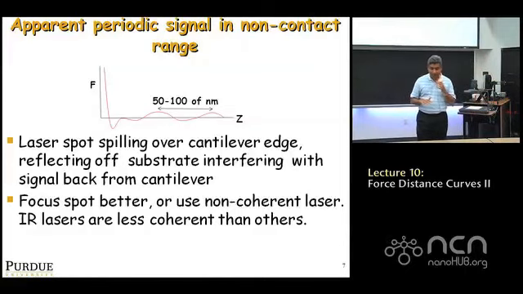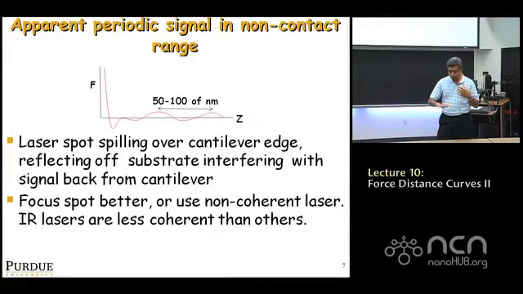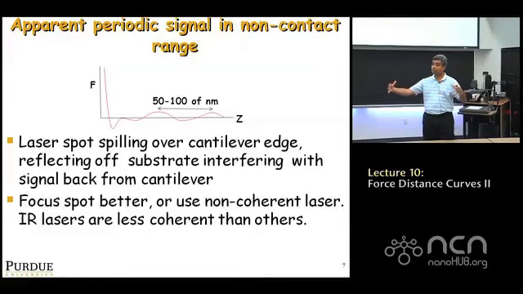This is a very common thing that happens, and basically it has to do with the fact that typically the lasers we use for monitoring cantilever deflection have wavelengths around, let's say, 600 nanometers, sometimes 400 nanometers. So what ends up happening is the laser spot falls on the cantilever, but if it's not perfectly positioned or if the laser spot is much bigger than the cantilever, some of that signal falls on the sample and comes back to the photodiode.